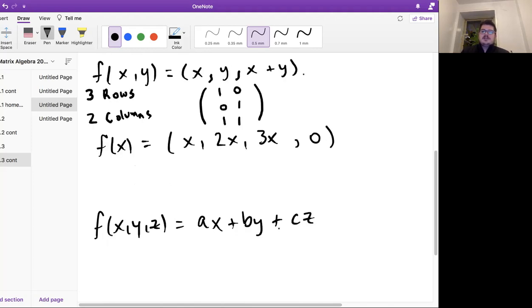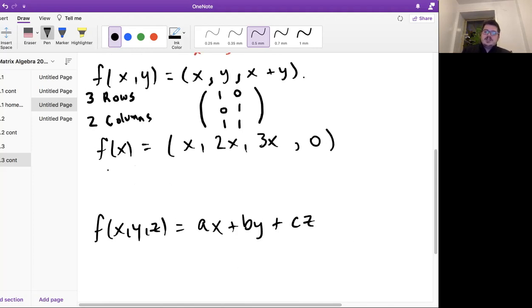Okay. So here's some interesting last ones. How many rows do we have and how many columns do we have? Which is it, 1 row or 1 column?